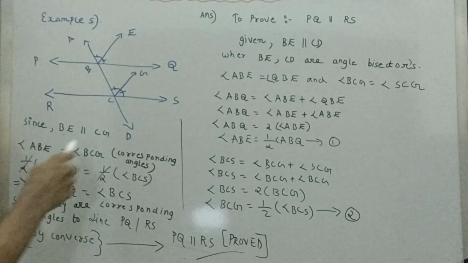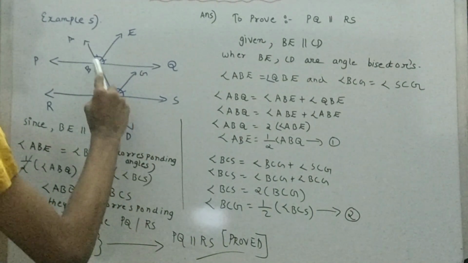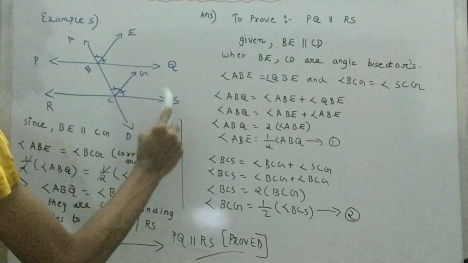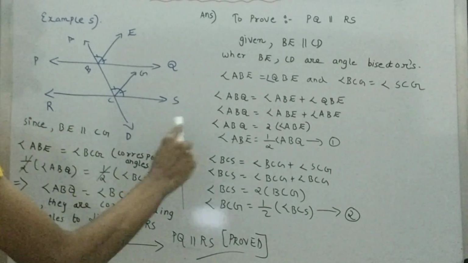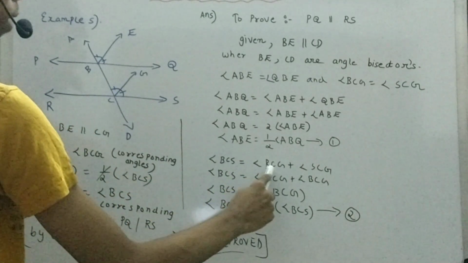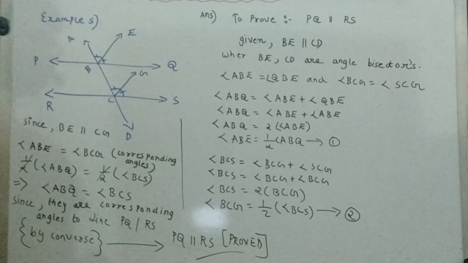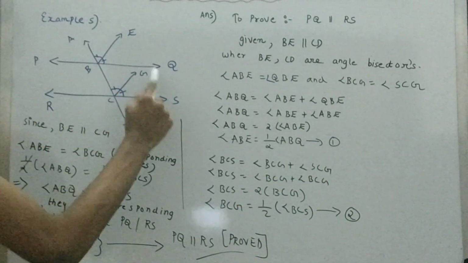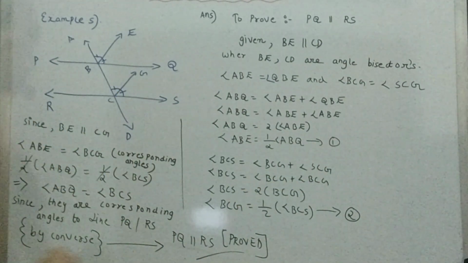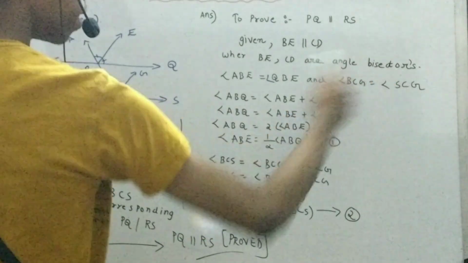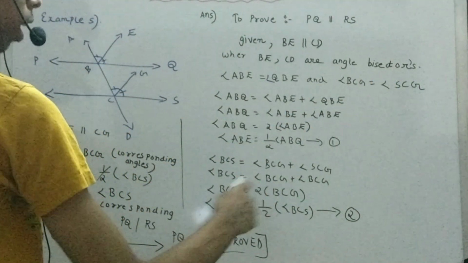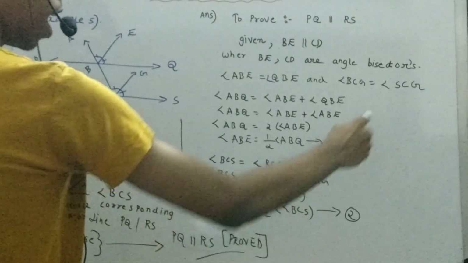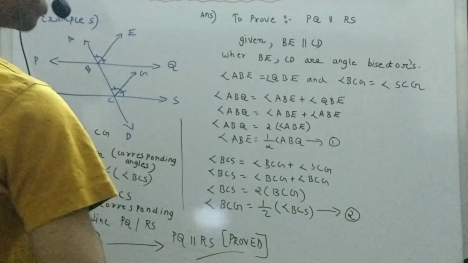Now similarly here also, if you see this angle DSC, I am splitting it and writing it as angle BCG plus angle SCG. Now here also we said that BCG is equal to BSG, so instead of this SCG, I am substituting it with BSG.